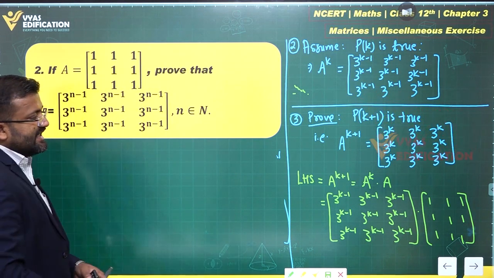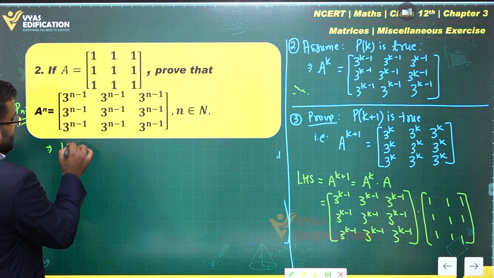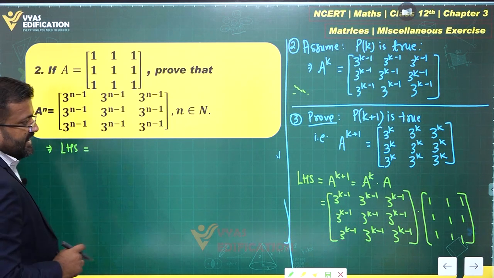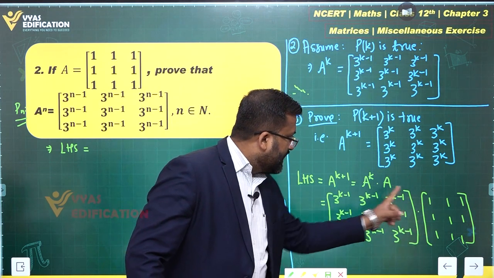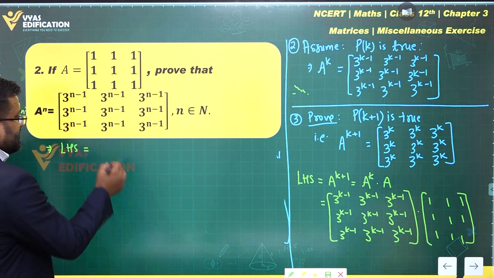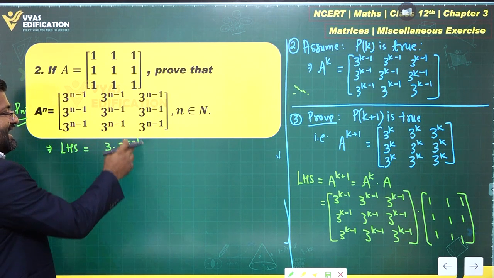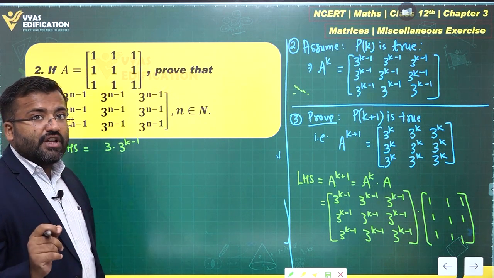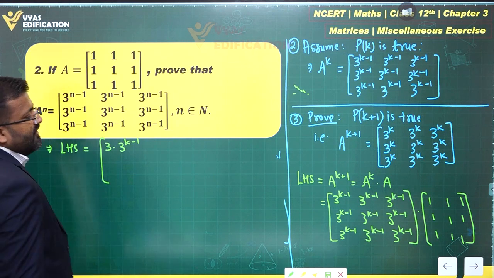Once we get rid of this, let us solve that LHS. LHS is equal to what? Multiply the first row with the first column. 3 power k minus 1 gets added 3 times, so this is 3 times 3 power k minus 1, which can further be written as 3 power k, but we'll write it in the next step.